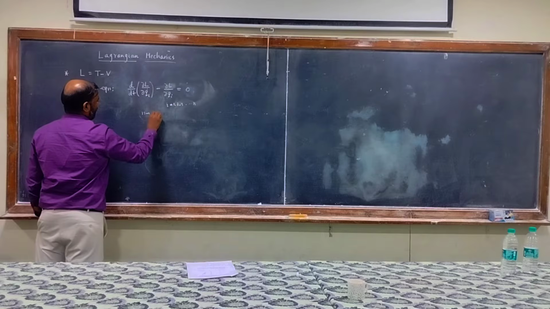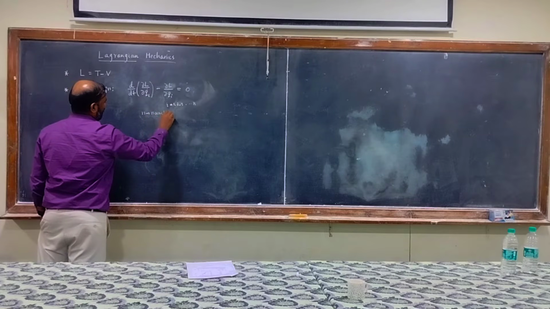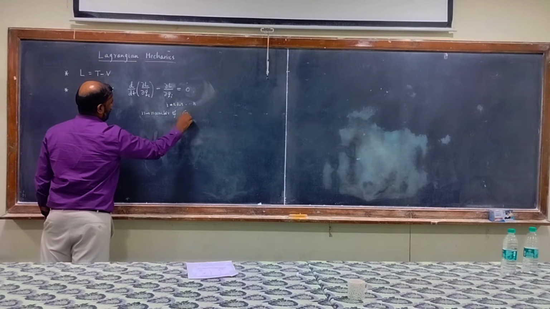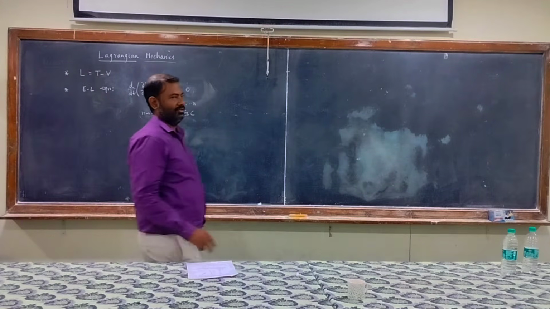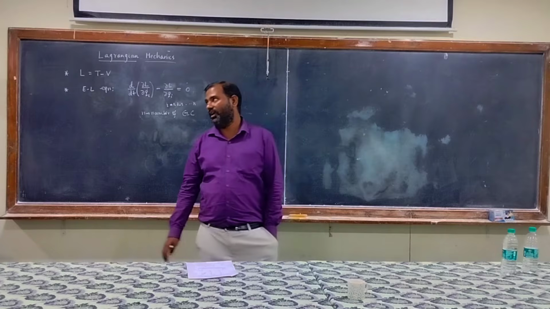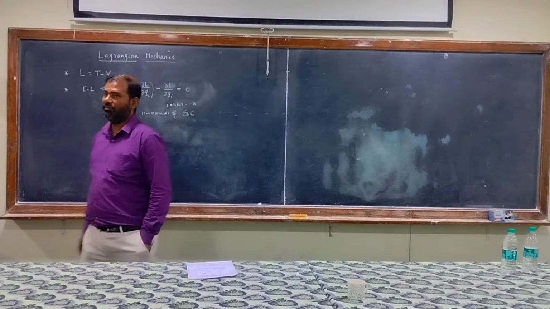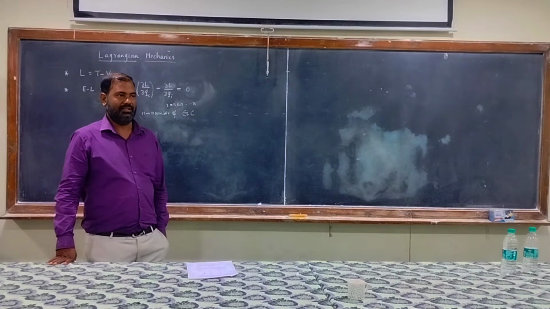N is the number of generalized coordinates. So we have n generalized coordinates, and we have n Euler-Lagrange equations.